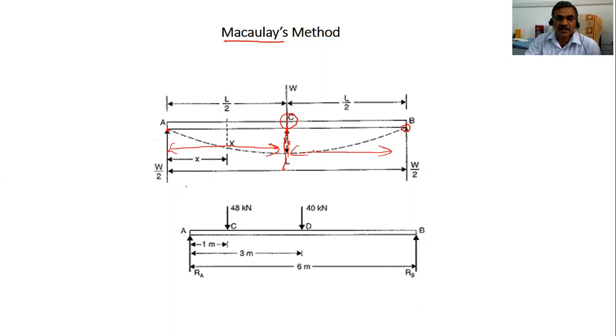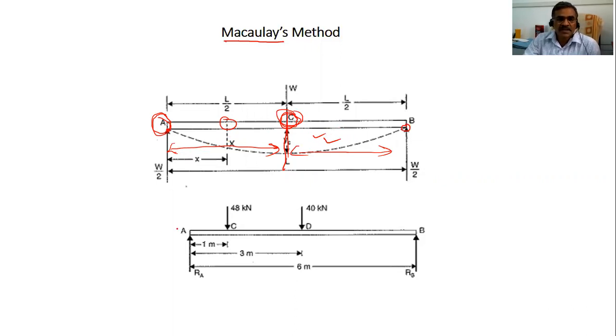So by finding the slope and deflection between A and C, that can be extended to this area also. In case of the double integration method, if you take the axis here, this is applicable only between A and C, not applicable for this region. If it is symmetrical, no problem.